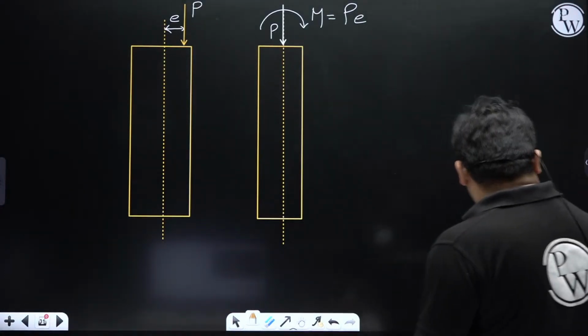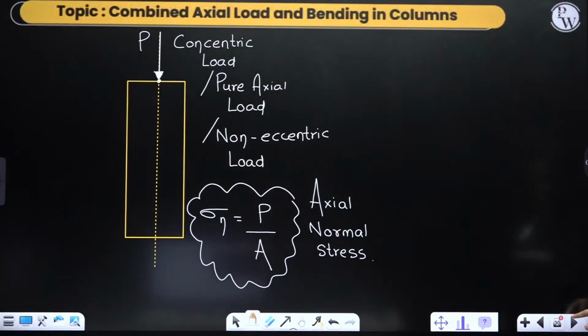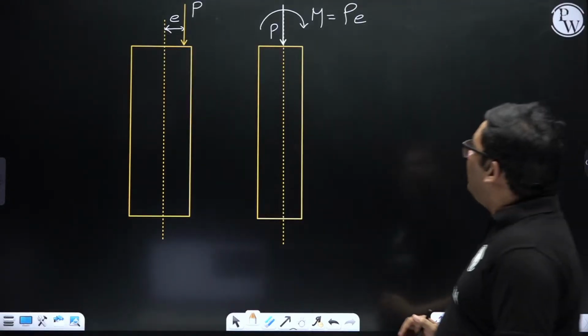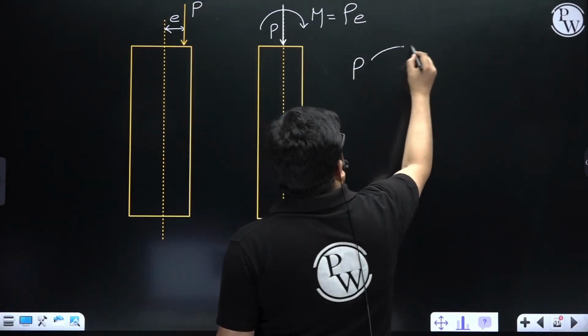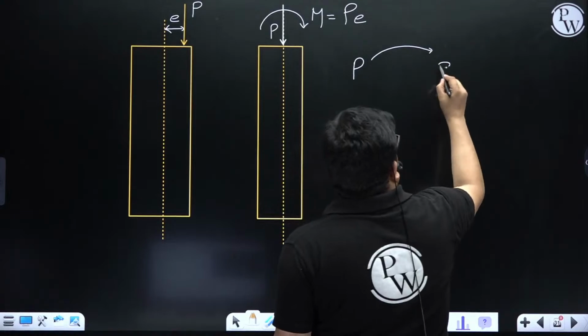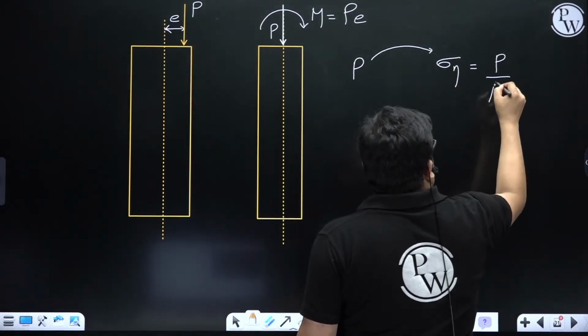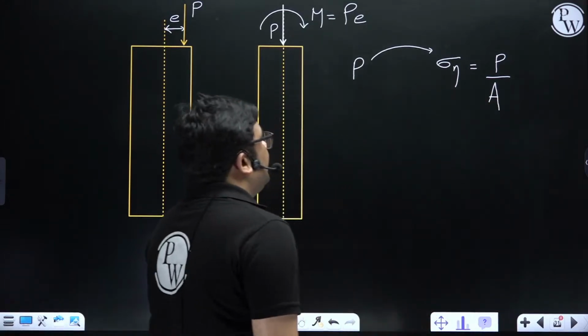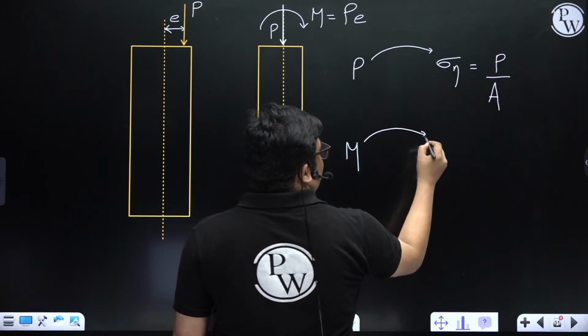So here two things come into the picture, therefore I have written combined axial load and bending. Due to P, I will get normal stress, P by A. Due to the bending moment, we get bending stress.